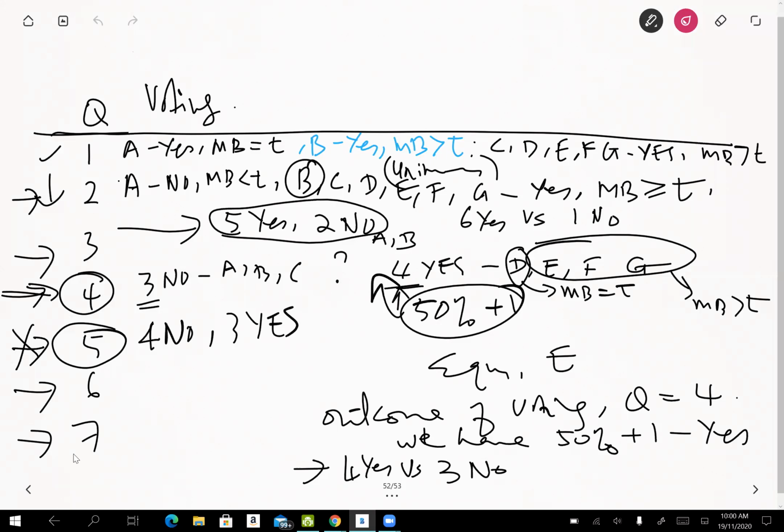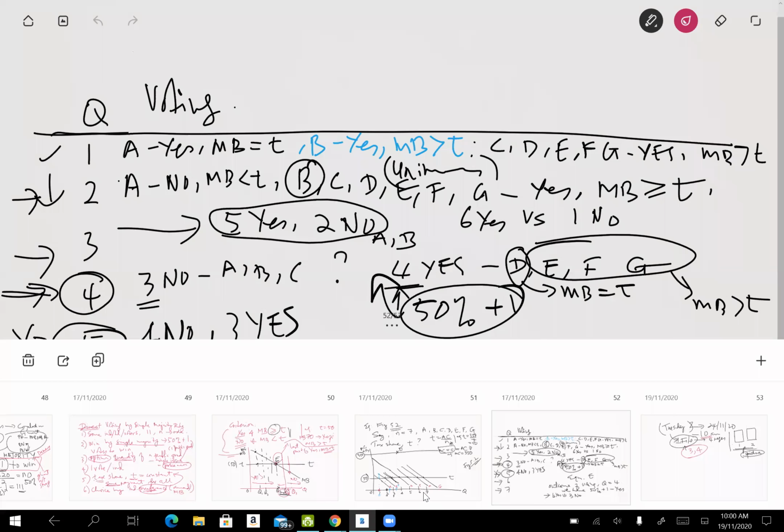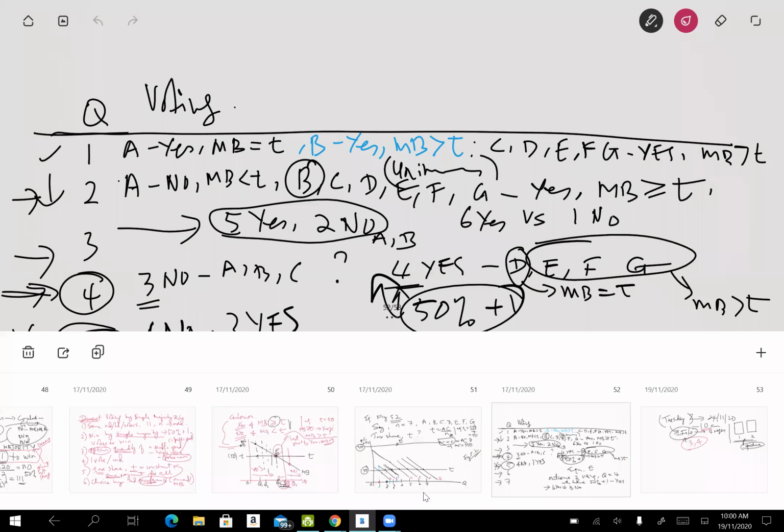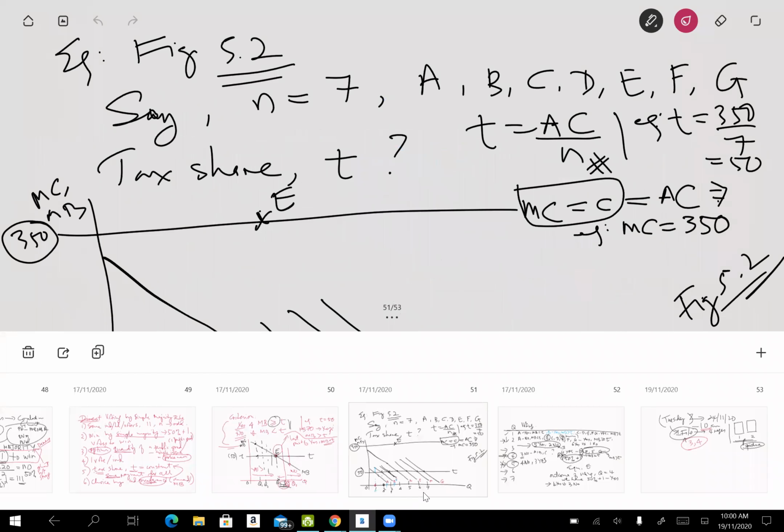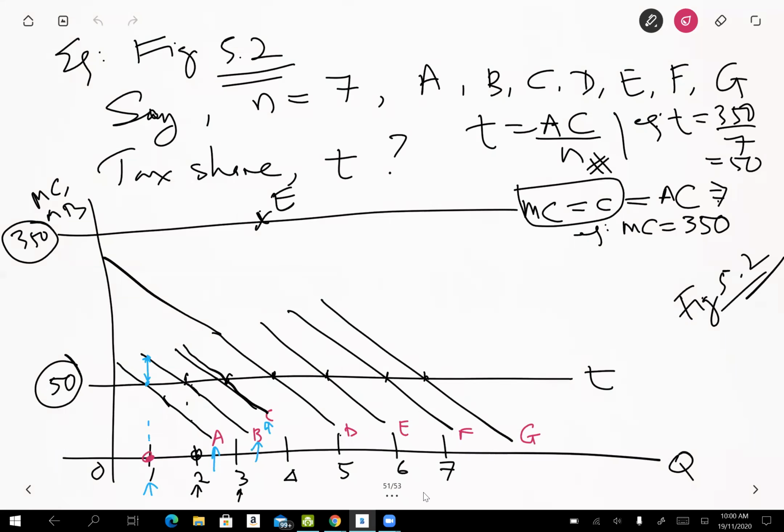Now for this model, we don't need the market demand, the sum of the marginal benefit.